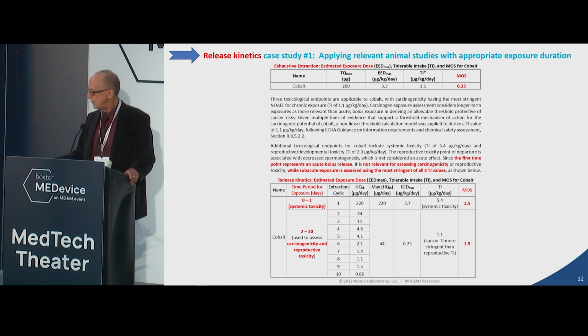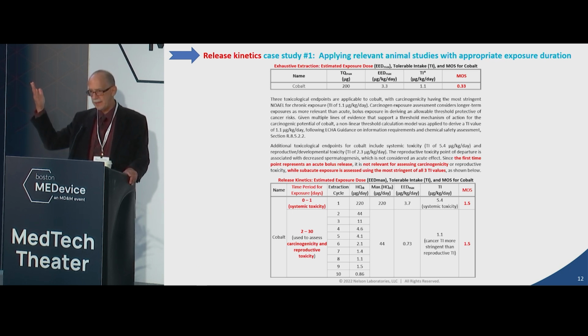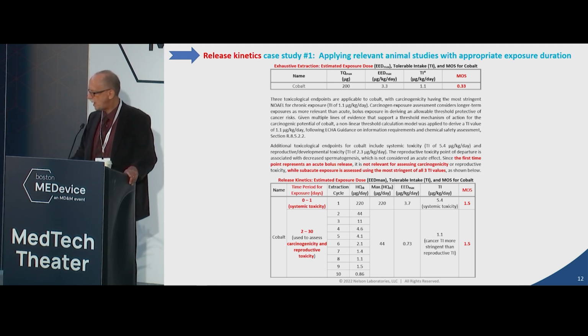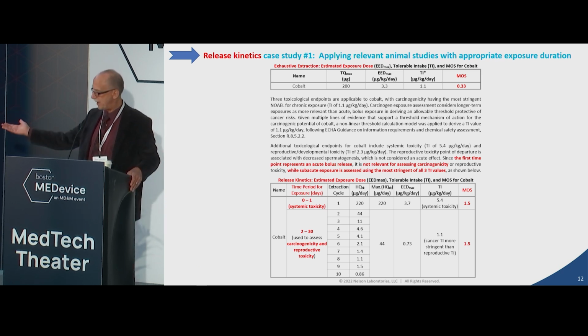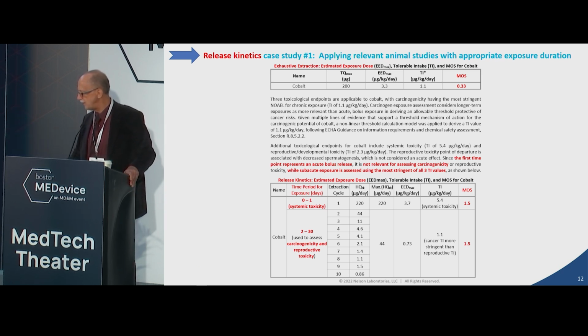So when we go down to assess the individual data points, our Leuven laboratory did 10 data points to assure that they captured the complete release. The first data point was assessing the 0 to 1 day category, and that compared to the systemic threshold of 5.4 passes.